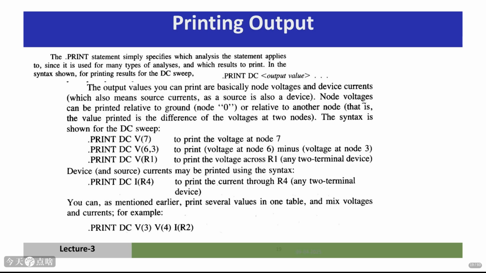You can also print device currents, like I(RON), for the current through resistor RON. You can even print multiple values together, like .print DC V(4), I(RA2), and PSpice will neatly organize them in a table. It's all about controlling what data you extract from your simulation.